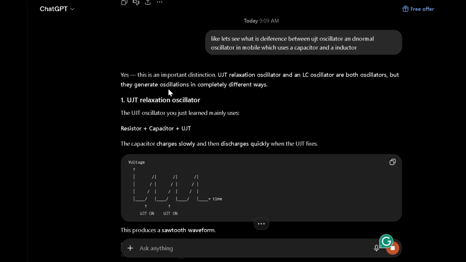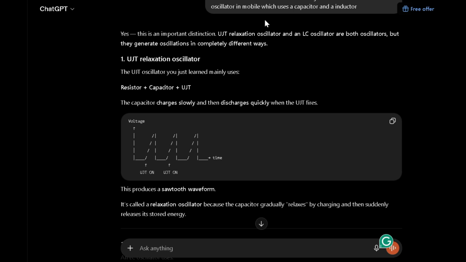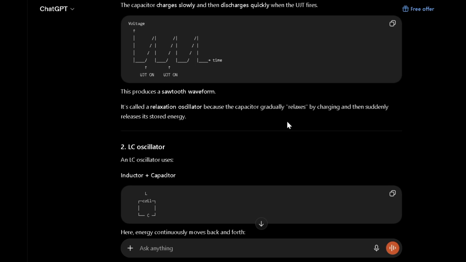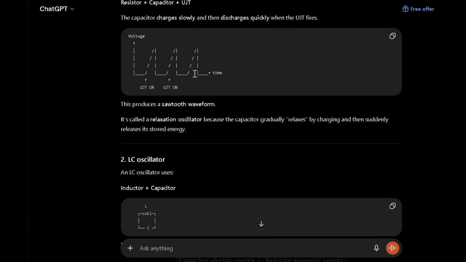Let's see what the difference is between a UJT oscillator and a normal oscillator, like in a mobile, which uses a capacitor and an inductor. This is an important distinction: a UJT relaxation oscillator and an LC oscillator are both oscillators, but they generate oscillations in a different manner.